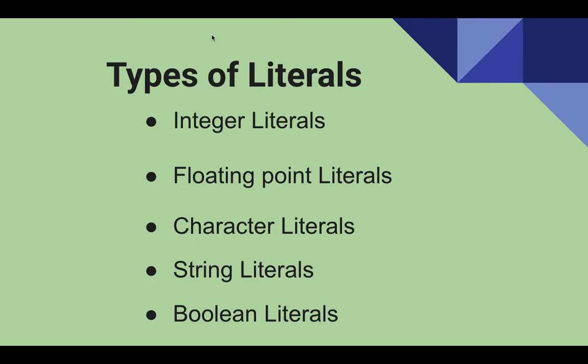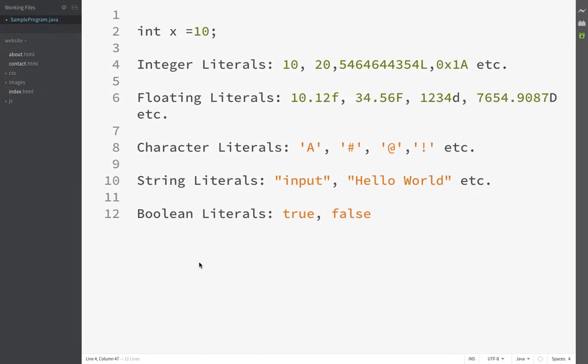Types of literals. There are 5 types of literals: integer literals, floating point literals, character literals, string literals, and boolean literals. These are the examples of integer literals.